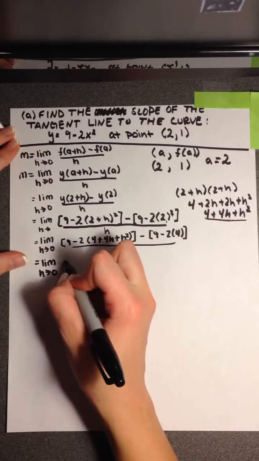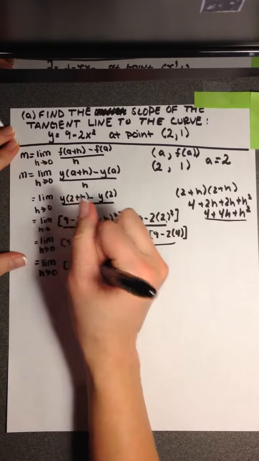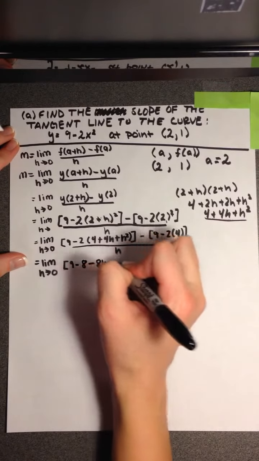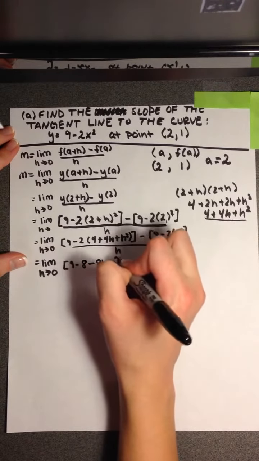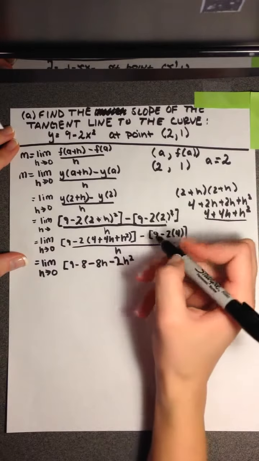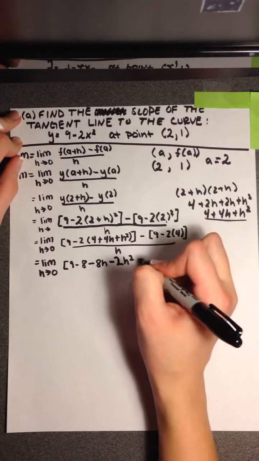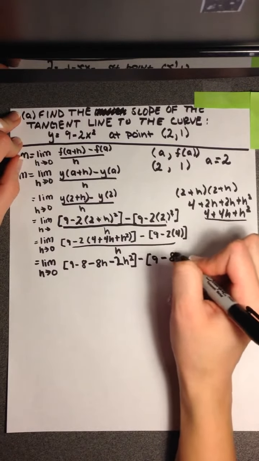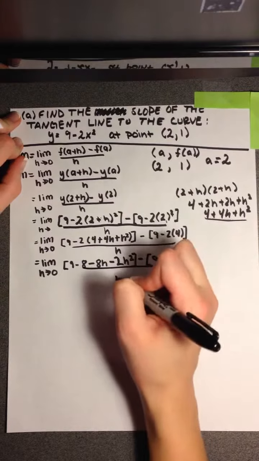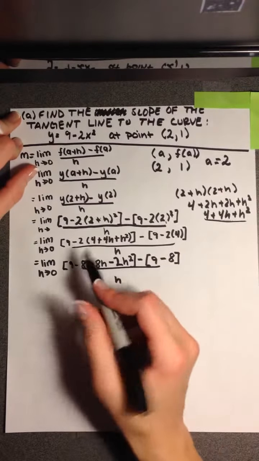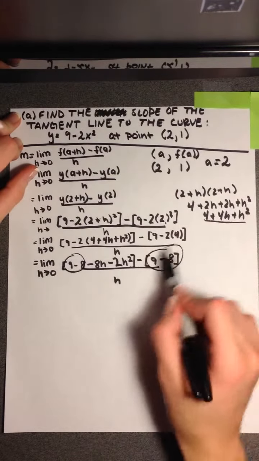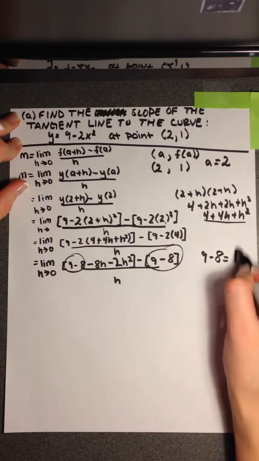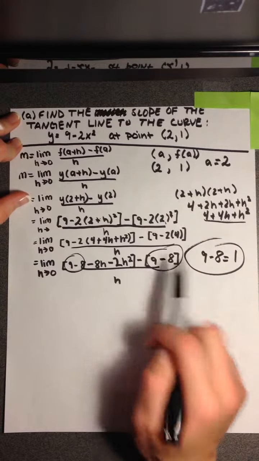So that's going to give us 9 minus 8 minus 8h minus 2h squared, minus 9 minus 8, over h. If we look right here, we have 9 minus 8 and 9 minus 8. Obviously 9 minus 8 equals 1, so we can plug the 1's in right here.